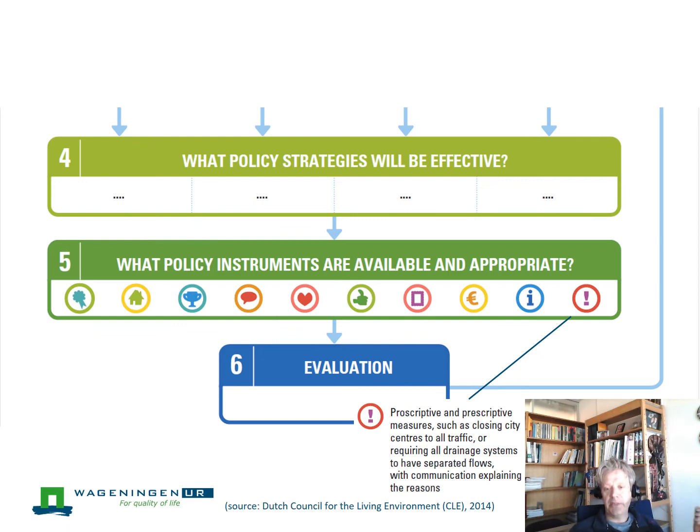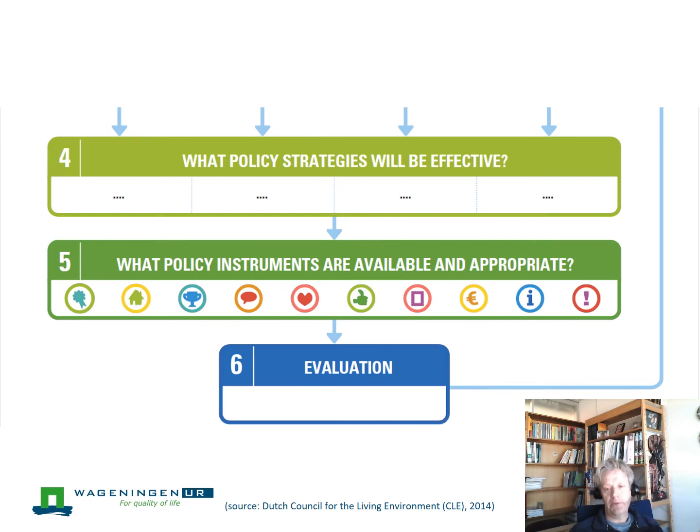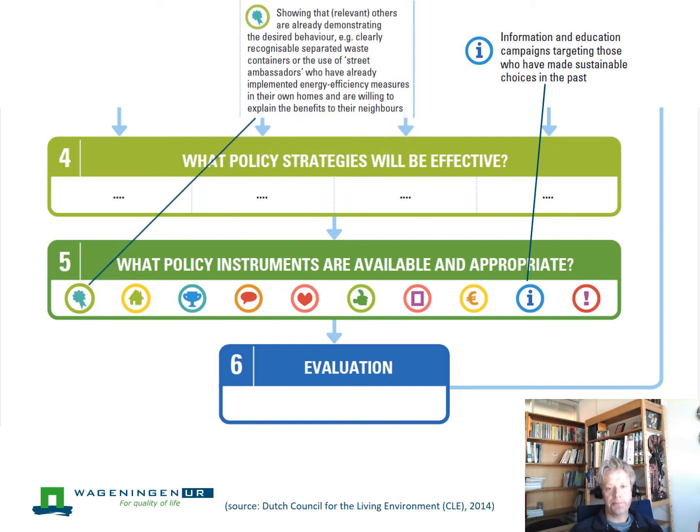They can be combined with a communication and education strategy as well. Campaigning to associate the sustainable choices with positive emotions, solar panels, reduce household energy bills. These are all different kinds of instruments that can be used, but usually they overlap, and usually they will need to be used in combination with one another.